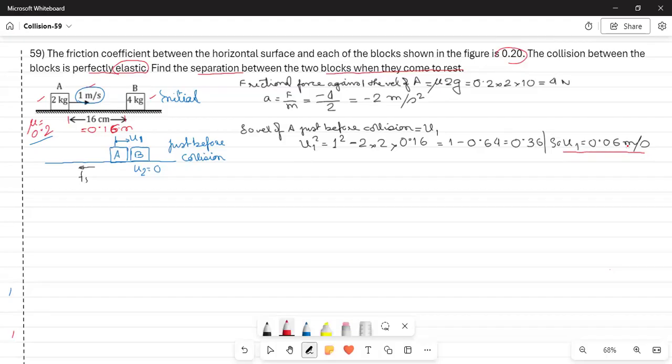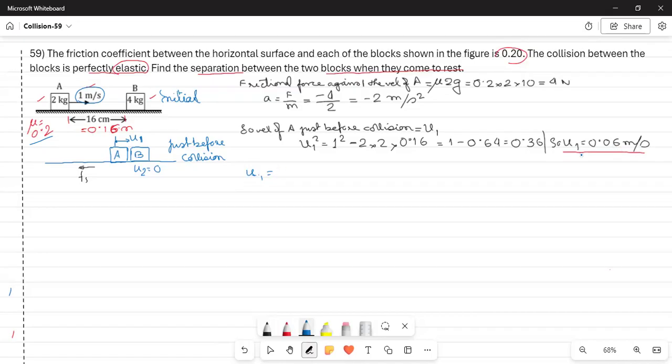This is one important piece of information. This is the collision velocity of the first body.